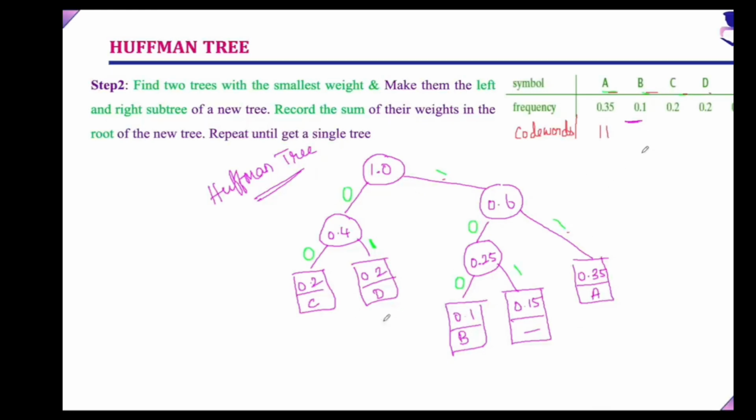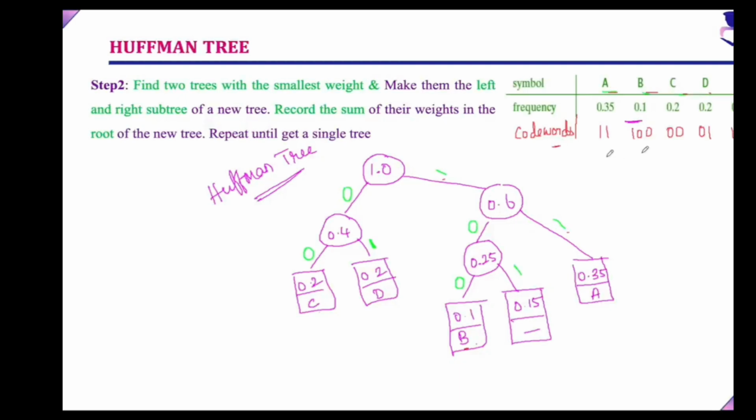Okay, and the code word for B is from root to its leaf level of that symbol, that is 100. So code word for B is 100, and the code word for C is 00, and the code word for D is 01, and code word for underscore is 101.